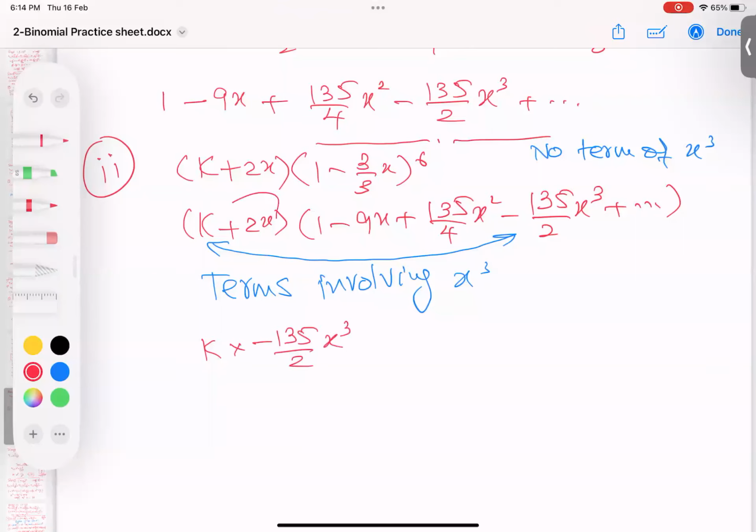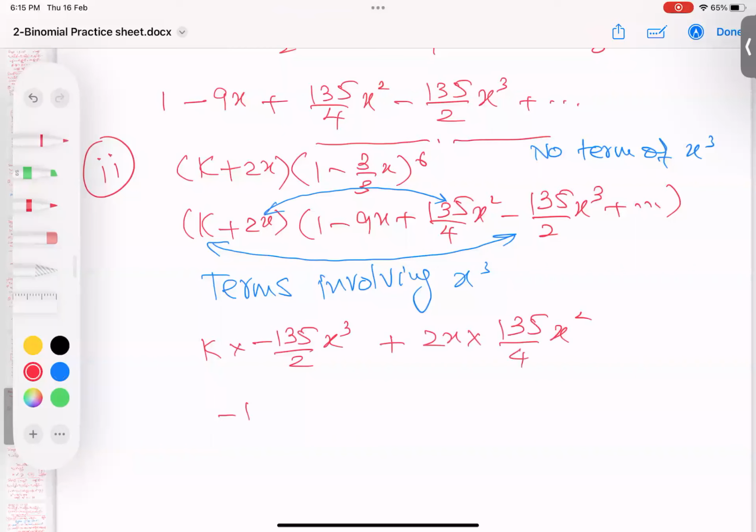Done. Now this one multiplied with what gives x cube? Naturally x times 2x square gives x cube. So I'm writing plus 2x times 134 over 4, x to power 2. Let's simplify, please.